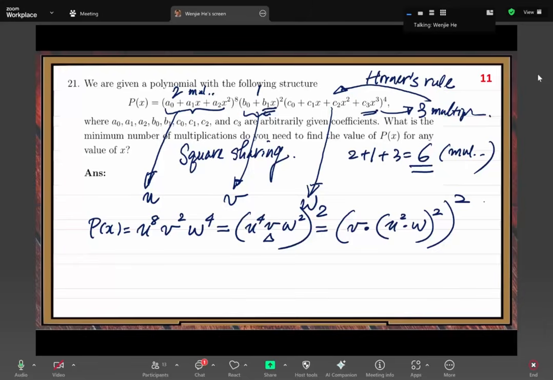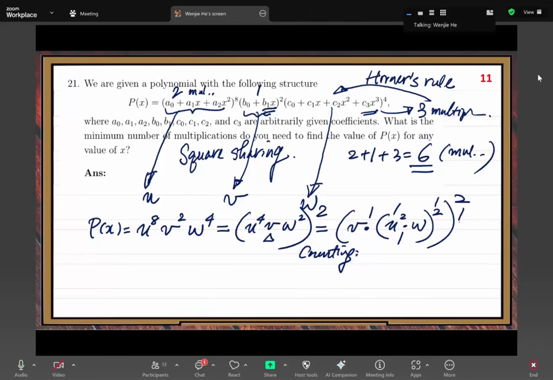Now we're ready. Second round, counting. Okay, all right. One multiplication, this U squared; second multiplication, this dot; third, this square; fourth, and the last square, fifth.